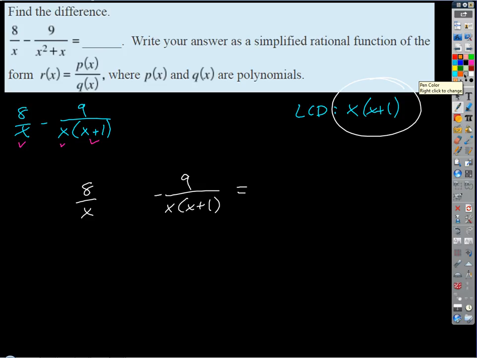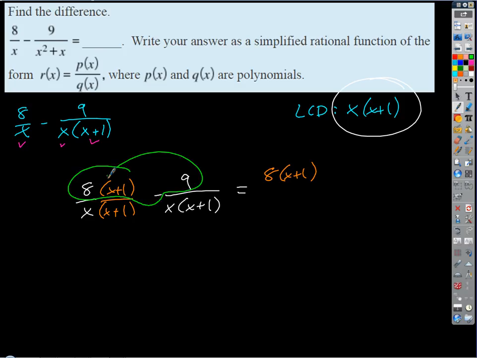X plus 1, good. But I have to do the same thing to the top and the bottom, right? And so then I end up with 8 times x plus 1 minus 9 in the numerator, divided by my common denominator of x times x plus 1.